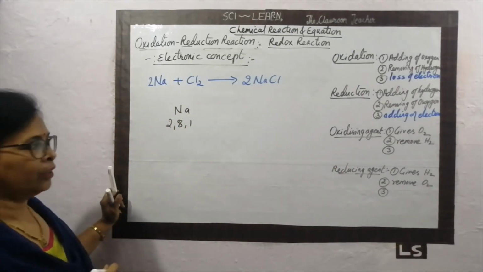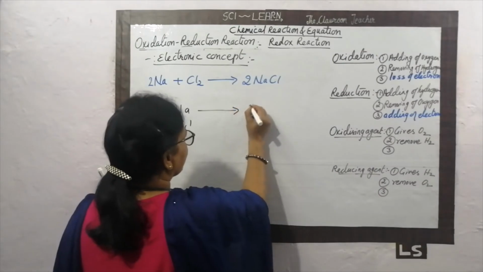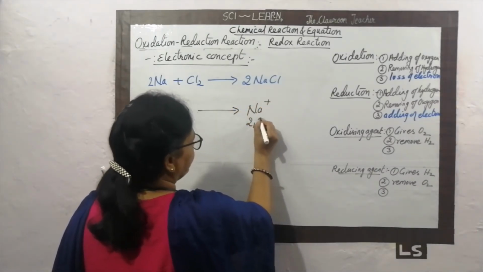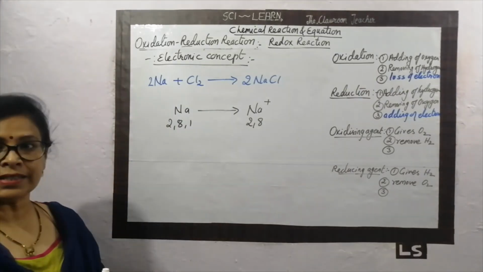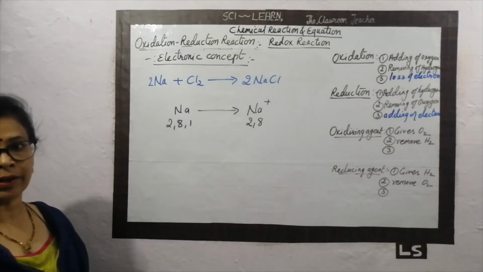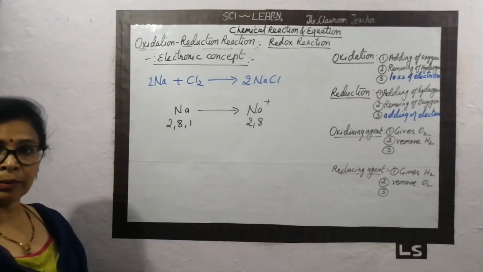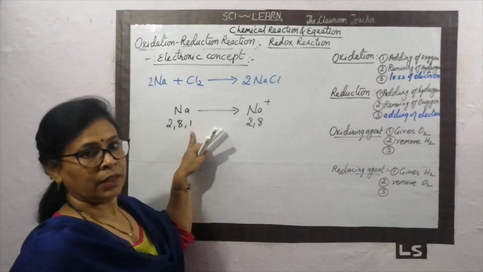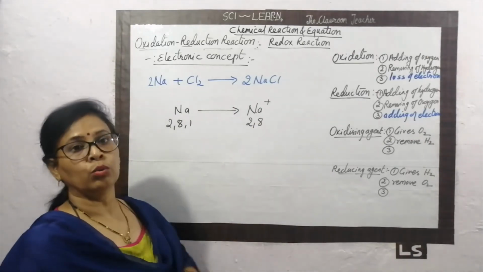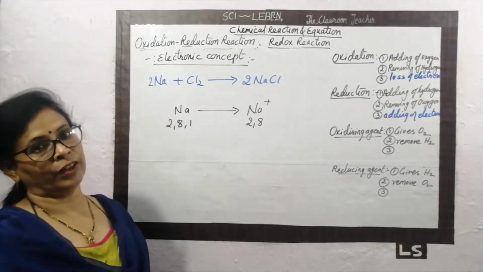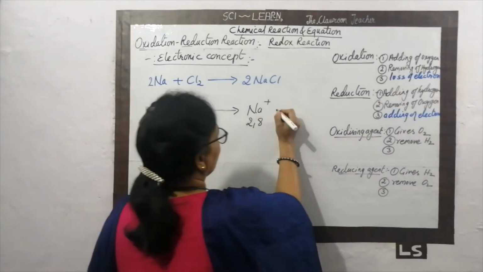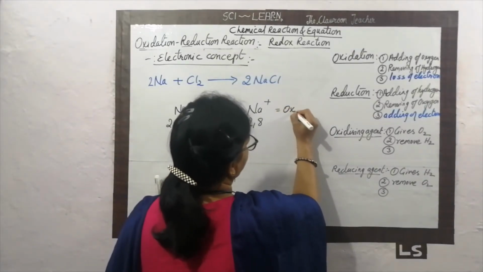You know very well, in the reaction, sodium gets converted into sodium ion. What is the sodium ion? The number of electrons present in the outermost orbit, it means this one electron is lost here. Losing of electron, this process is called oxidation.